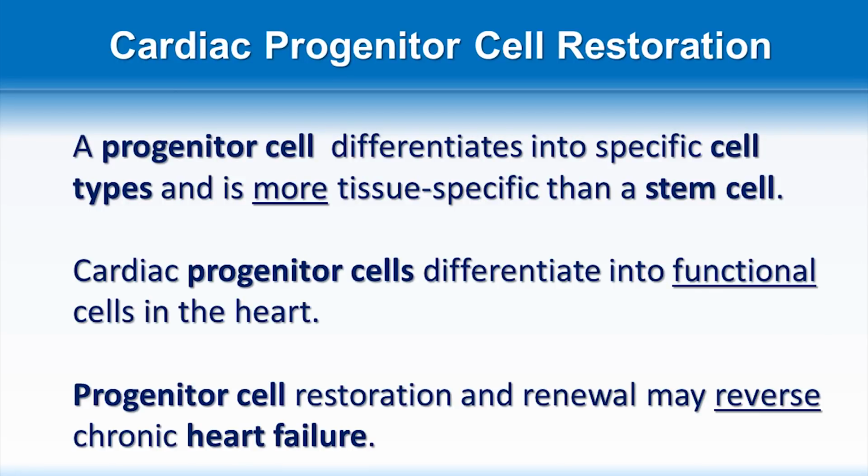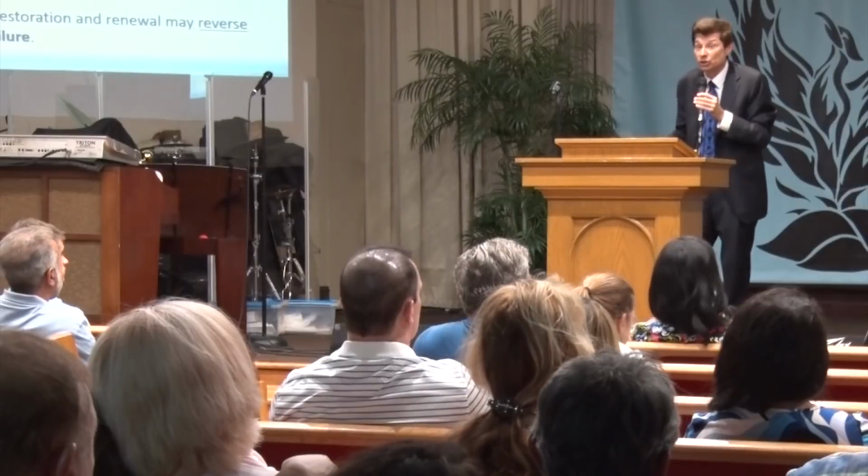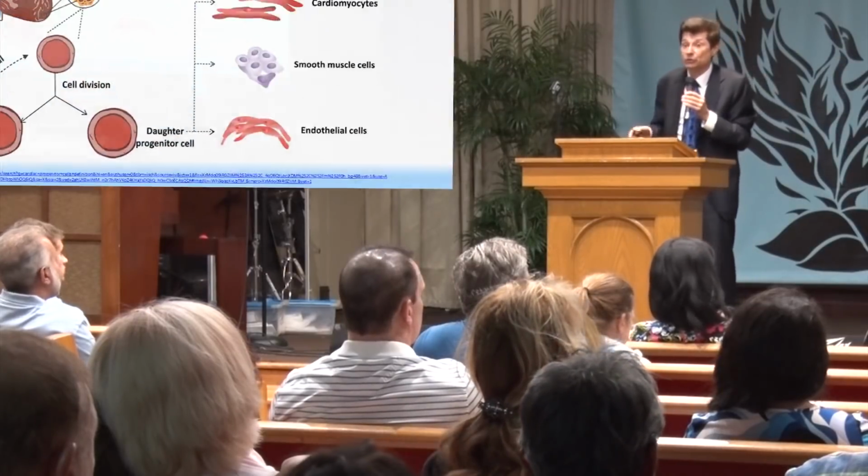Without progenitor cells, all those cells that are used up through our normal daily existence start to, unfortunately, give out, and our tissues give out, our organs fail, and we die. The good news is it is possible to both restore and renew our progenitor cell niches in a way that we can potentially reverse heart failure and virtually every other disorder.